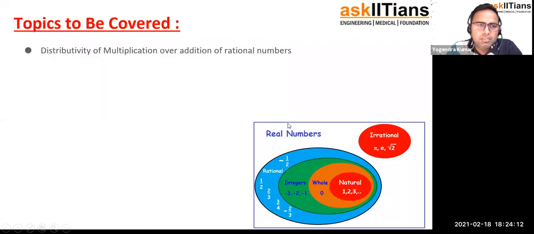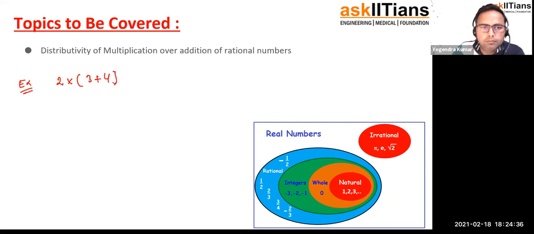What we are going to see is distributivity of multiplication over addition of rational numbers. It could be addition or subtraction also. Suppose, for example, I am taking 2 into (3 plus 4). Using the BODMAS rule, we solve the bracket first.